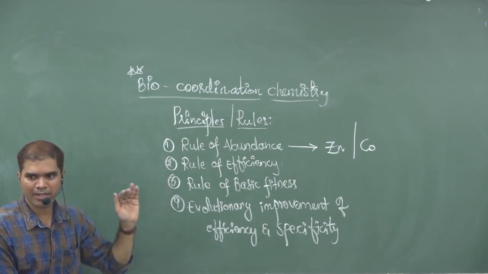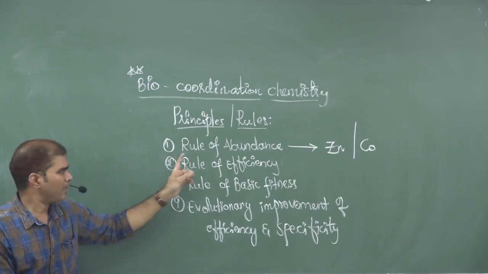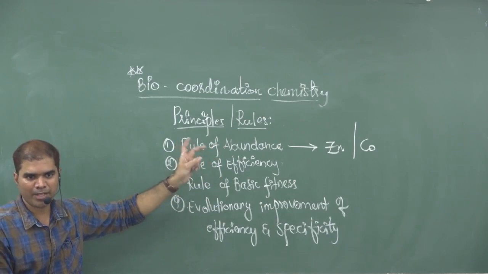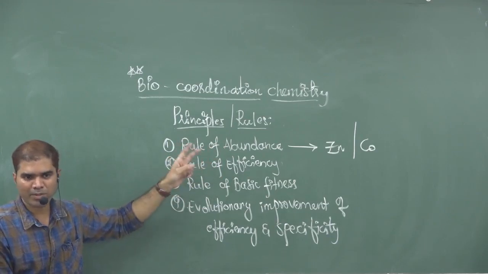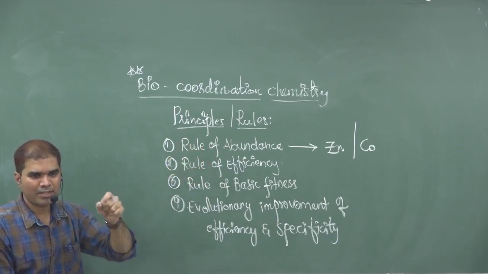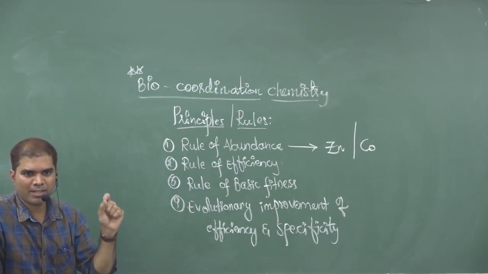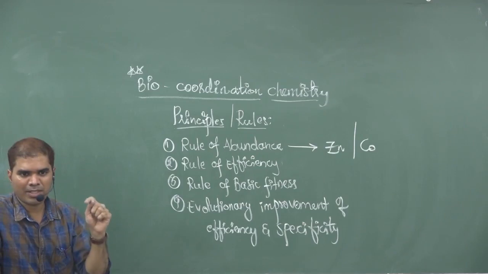But nature has chosen zinc mostly. Why not cobalt? The reason is abundance. Zinc is more abundant than cobalt. The same function can also be performed by cobalt, but its abundance is less. Therefore, nature has chosen cobalt to a lesser extent.